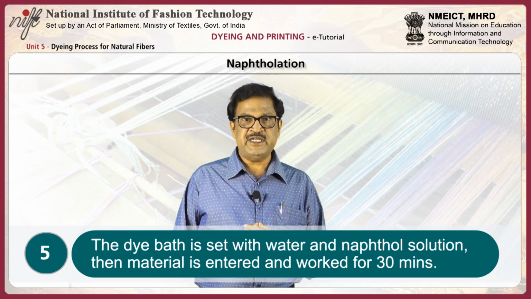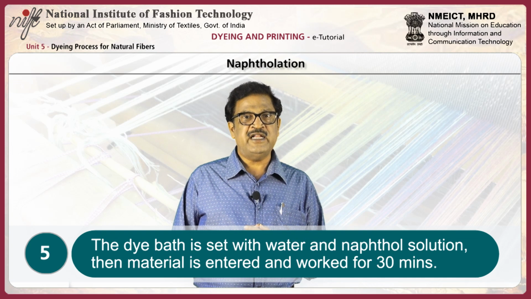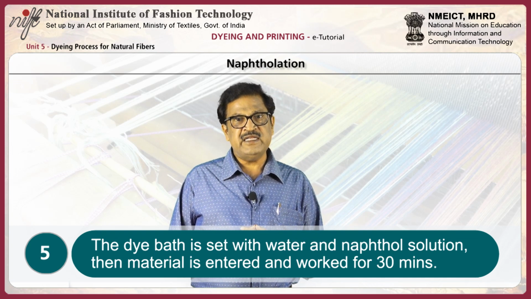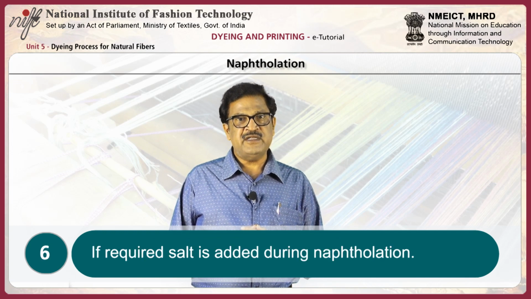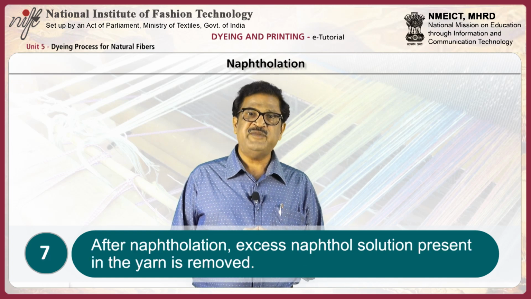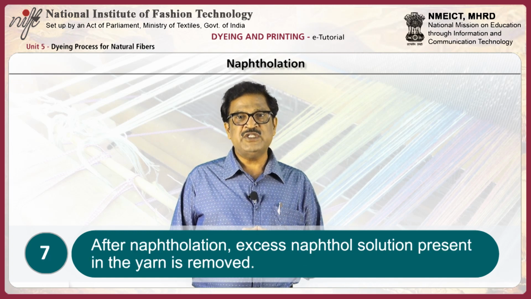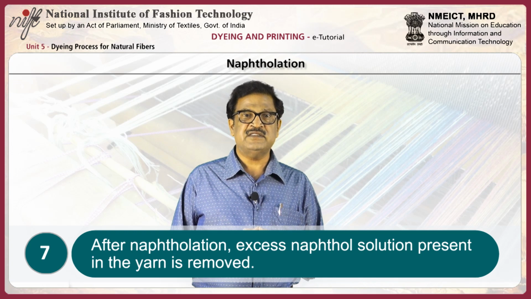The dye bath is set with water and naphthol solution, then material is entered and worked for 30 minutes. If required, salt is added during the naphtholation. After naphtholation, excess naphthol solution present in the material is removed.